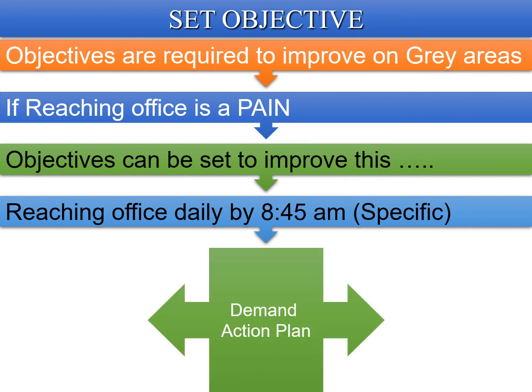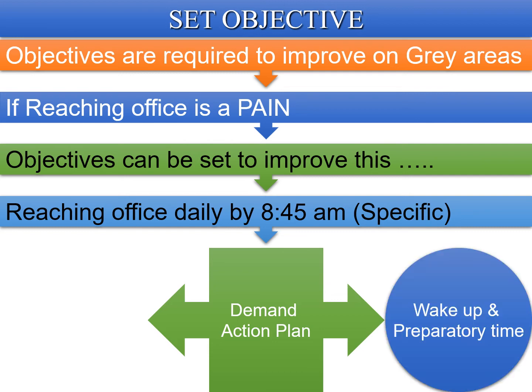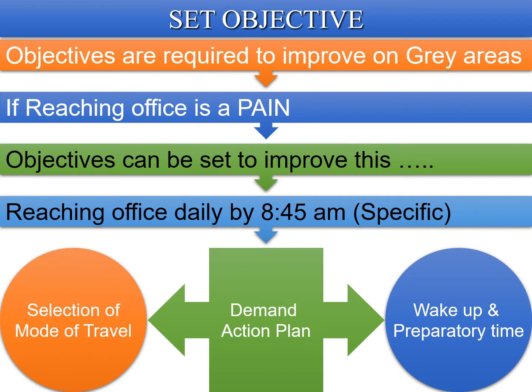Now, this objective demands an action plan in terms of your wake up time and your preparatory time in order to make yourself prepared so that you can start your journey from residence to the office. And then it again depends upon the selection of mode of travel and the travel time you generally end up taking in order to reach the office on time.